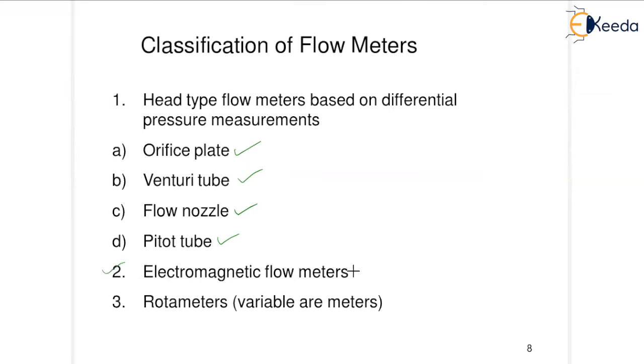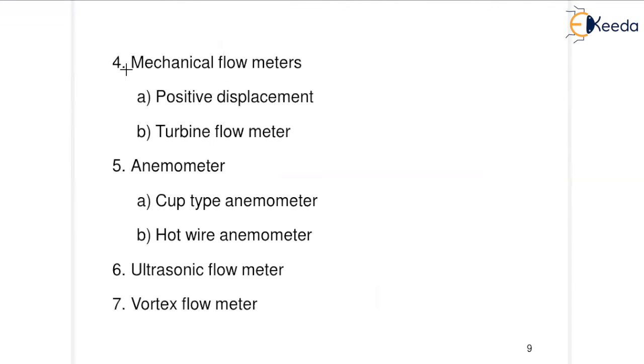Second one is electromagnetic flow meters. Third one is rotameters. Fourth one, mechanical flow meters: positive displacement and turbine flow meters.